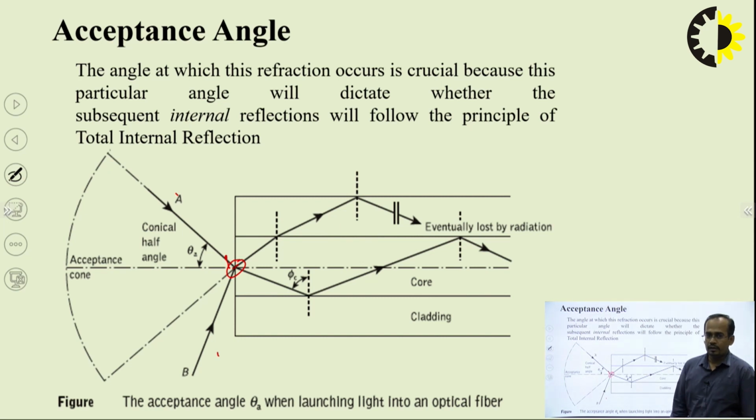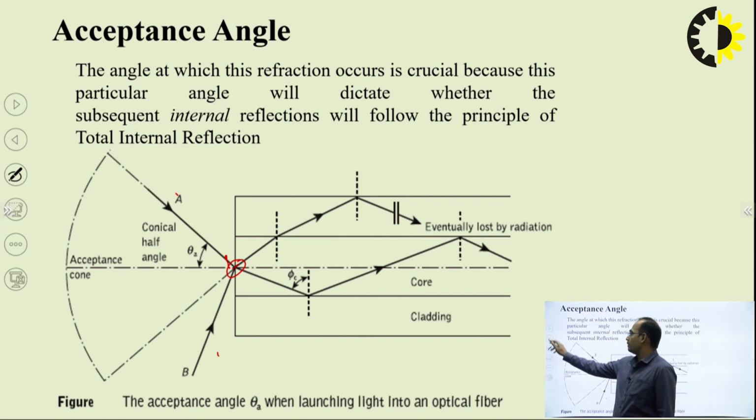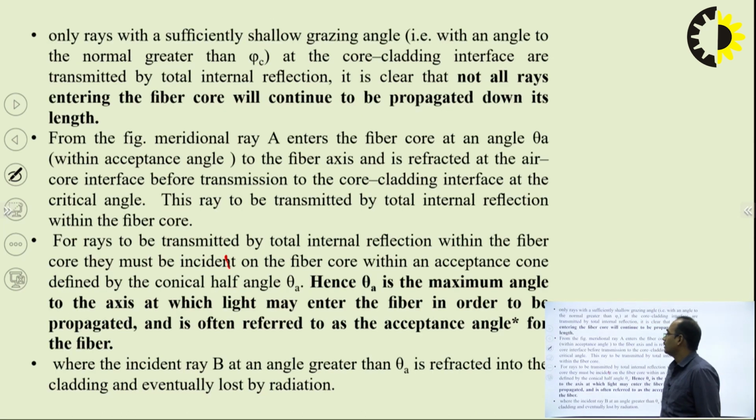So it will be quite difficult to calculate this angle, and the security issue will occur because of the radiation loss. Only rays with a sufficiently shallow grazing angle at the core-cladding interface are transmitted by total internal reflection, and it is clear that not all rays entering the fiber core will continue to propagate down its length.